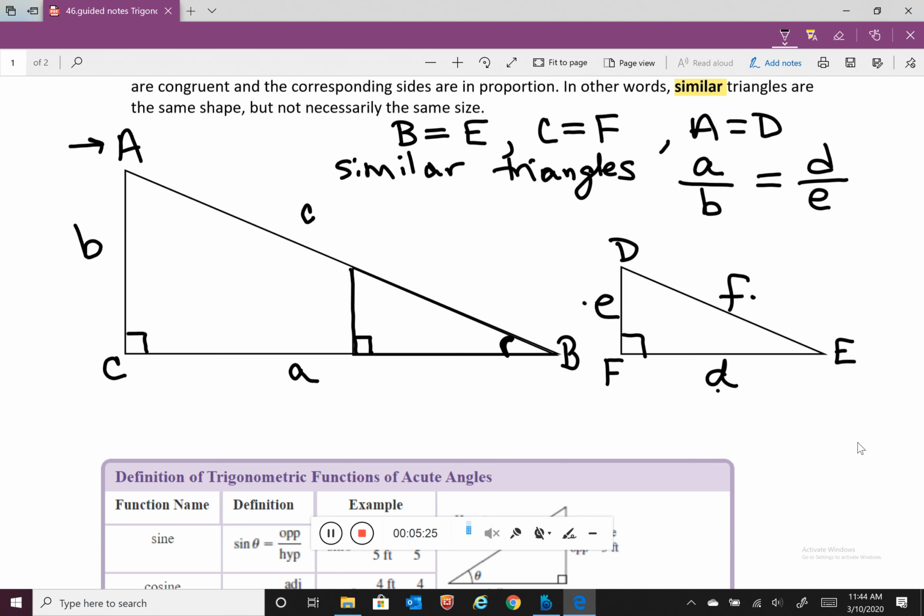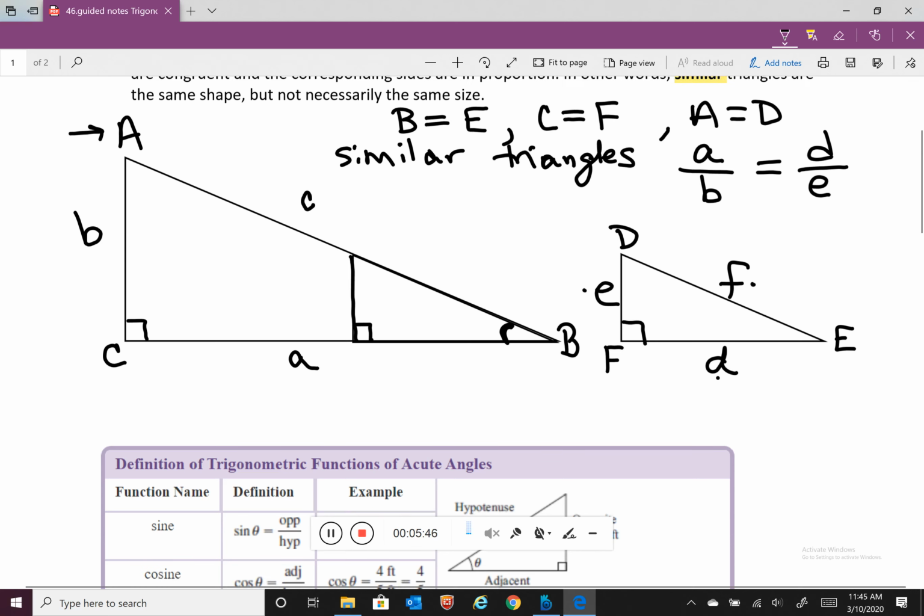Now, the whole point of law of similar triangles is to help us understand it's all about how the ratios are being set up. It's all about how the sides of our right triangles are being compared to each other. And so this leads us into the definition of our trigonometric functions of acute angles.